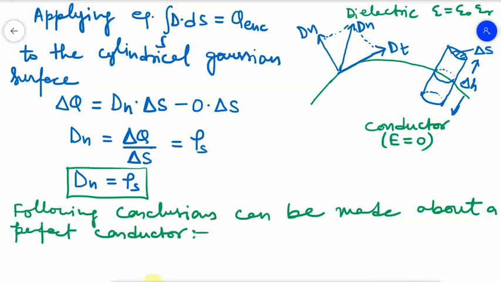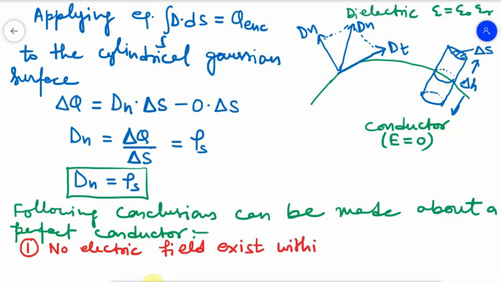First, no electric field exists within a conductor. That is, rho v equals 0 and E equals 0. That is, volume charge density is 0 and electric field intensity is also 0.